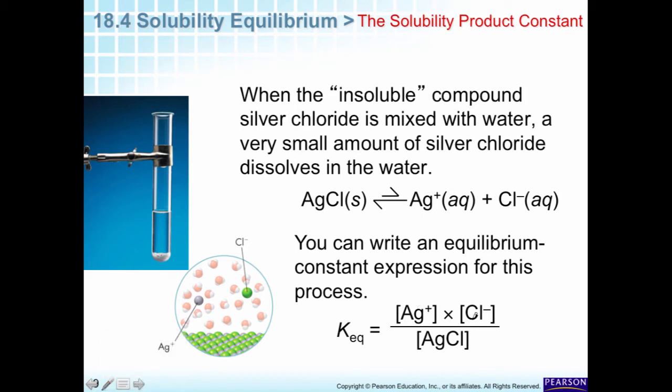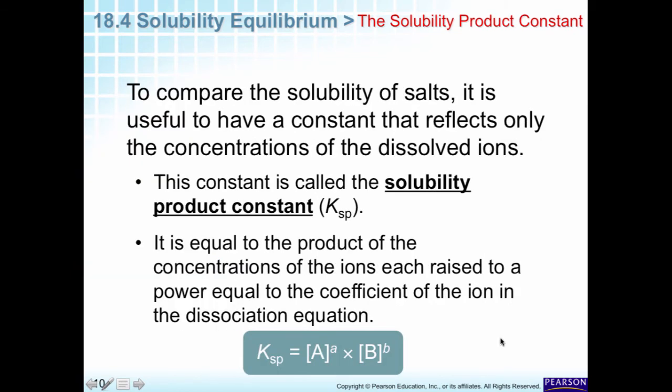Normally we would write our Keq like this, but we're going to throw this out. So we use the solubility product because that amount of AgCl is a constant, so we bundle it into this new K with a little sp, meaning solubility product.